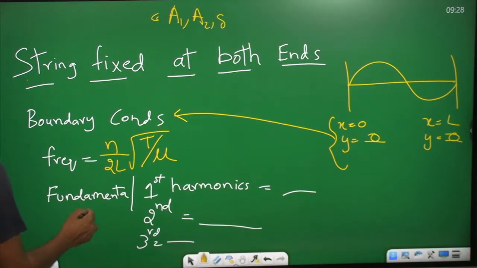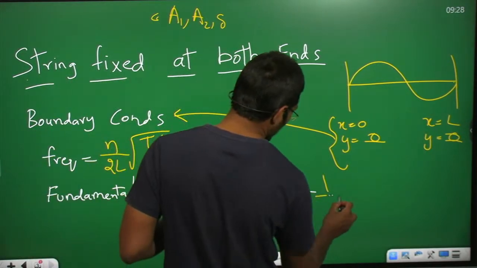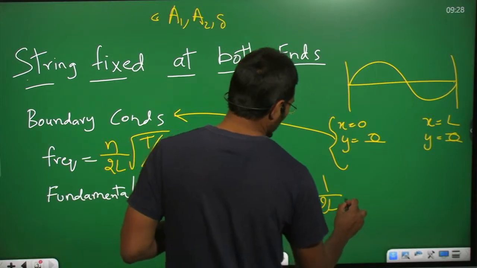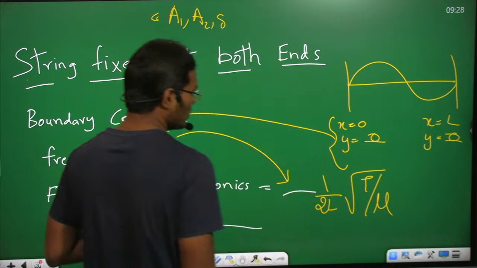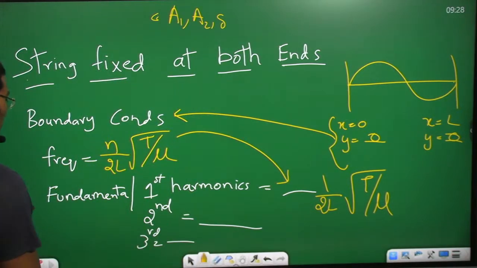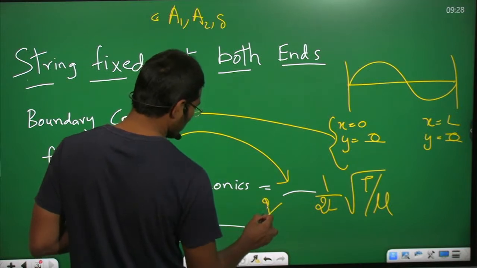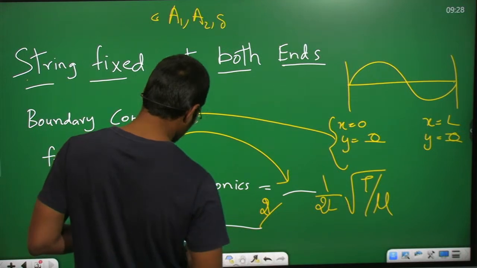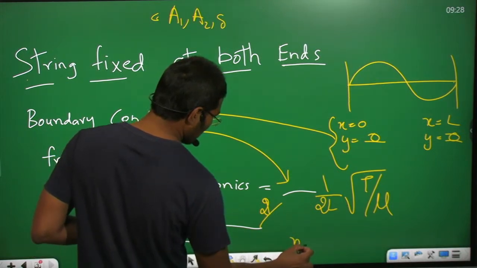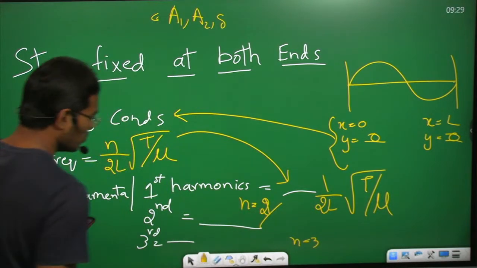So if you apply it here, it will be 1 by 2L under root T by mu. See, these questions you will directly get in many competitive exams. What is second? 2 times. In the similar fashion, what is third? Replace n equal to 3. Replace n equal to 2. Okay.